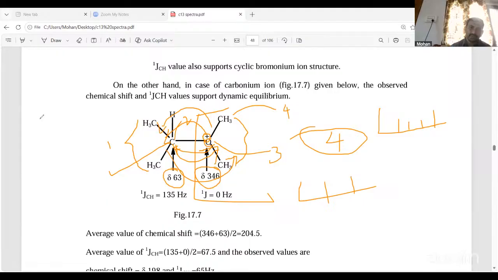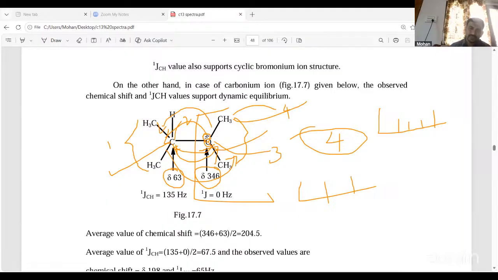Generally for a speedy interconversion, the instrument cannot recognize it that way, so the instrument identifies only this carbon and this carbon here, right?